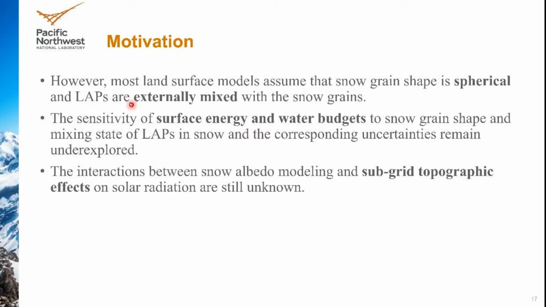And then we will use the improved model to analyze how the snow grain shape and the mixing state can affect the surface energy and the water budget. We will also combine our first TOP study and this second snow albedo study to study how they interact with each other.